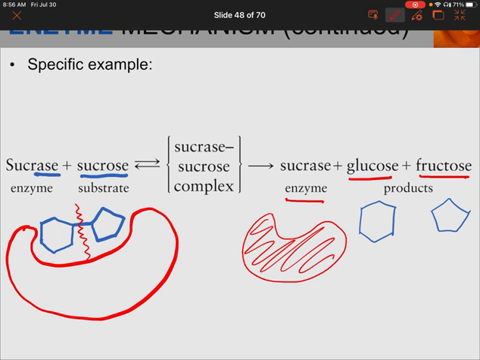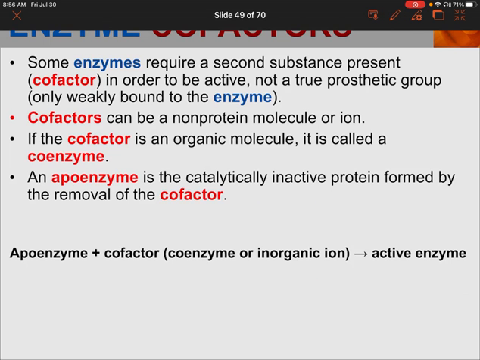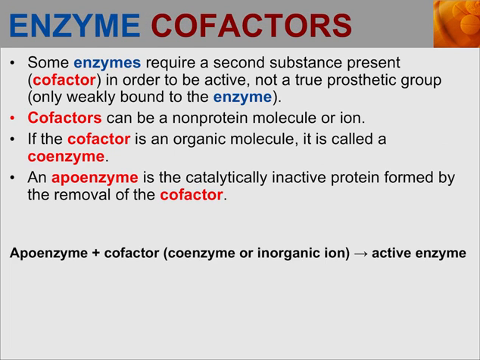I don't know why. Okay, so some enzymes do require their own help in the form of something called a cofactor. This cofactor is required for some enzymes to function properly.